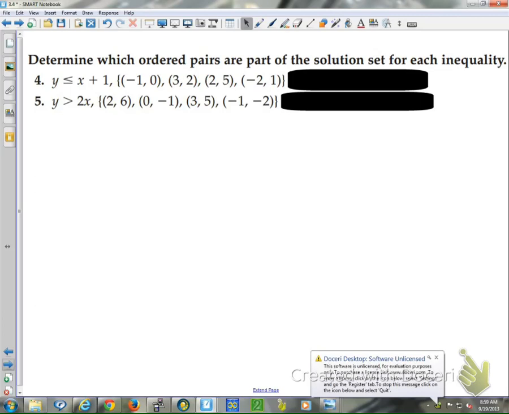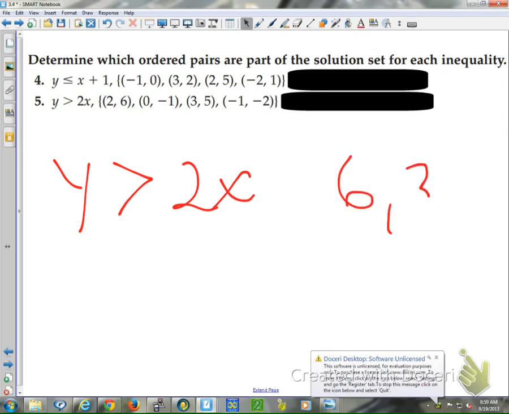Now let's ask a theoretical question for a second. Let's take this equation: y is greater than 2x, and let's say they gave us the point 3, 6.